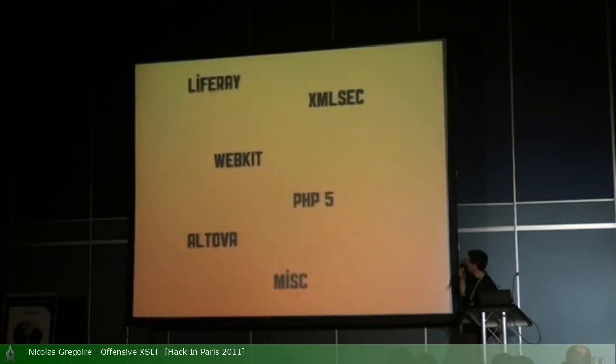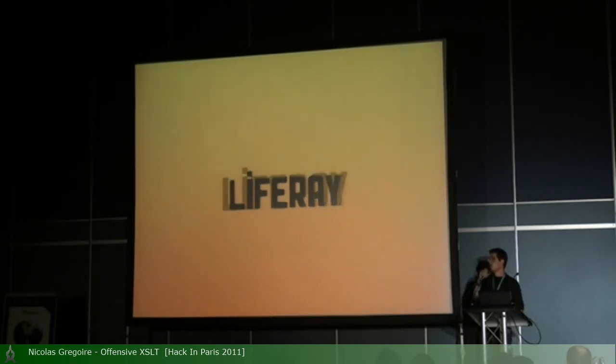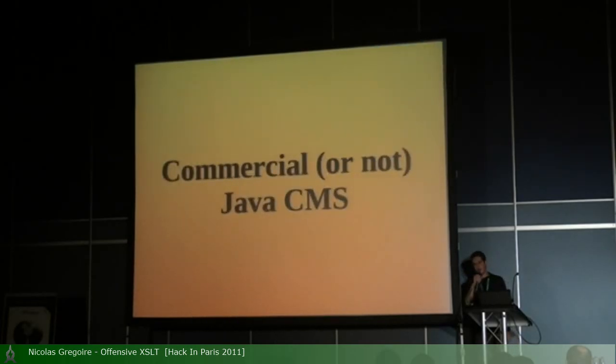Okay. So here are some applications or languages or frameworks. There are more vulnerabilities pending, but I'm waiting for patches. So Liferay is a CMS in Java. It's commercial or not, but mainly used as a commercial CMS. It's very expensive.